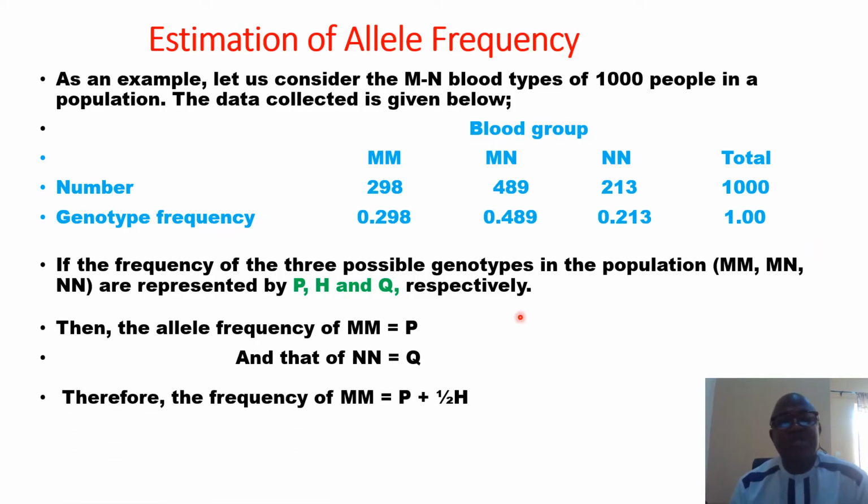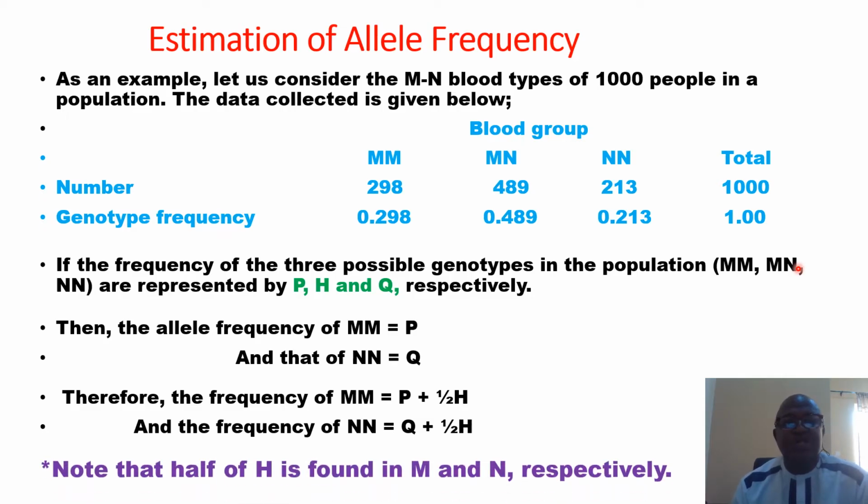Therefore, the frequency of the M allele is given by P plus half H, and that of N is Q plus half H. Why half H? We should note that half of H is found in M and N respectively.